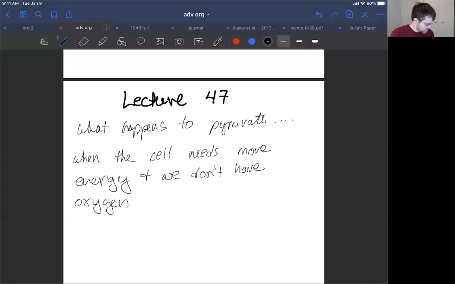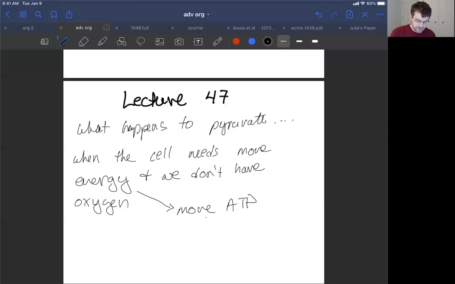Okay, so if we need more energy and we don't have oxygen, what this means is that we need more ATP, adenosine triphosphate, to provide that energy couple for us to accomplish a lot of the interesting biochemical transformations.